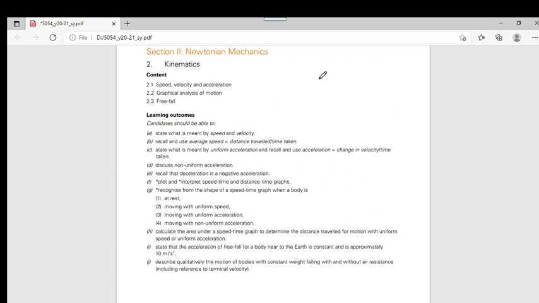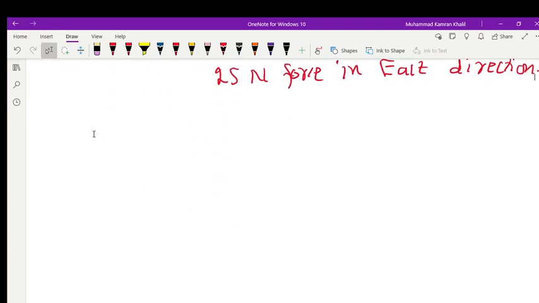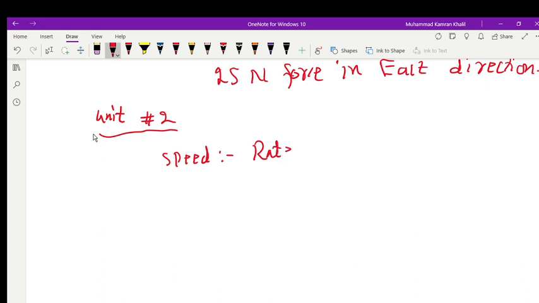Now from topic number 2, what is meant by speed? Then what is meant by velocity? So for speed, unit number 2, speed is rate of change of distance, or distance per unit time is also called as speed.